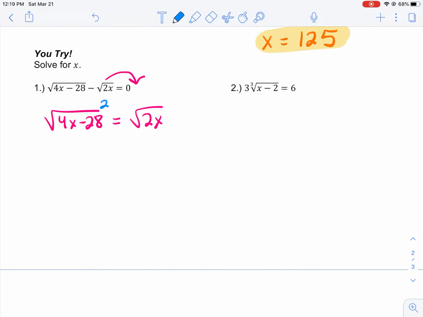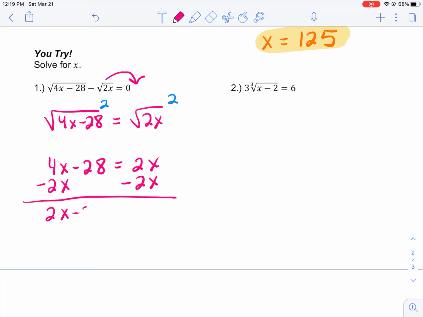And then I'm going to square both sides. And that's going to allow me to lift the gate. So 4x minus 28 equals 2x. And now I'm going to subtract 2x from both sides. I get 2x minus 28 equals 0, 2x equals 28, and x equals 14.